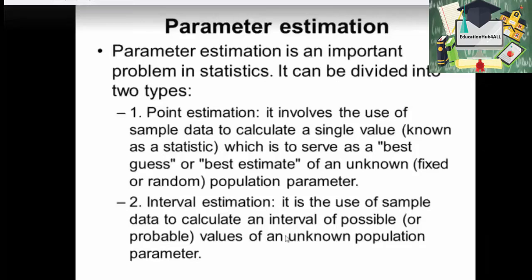Of course, if we have this estimate, it doesn't mean the true value is 0.3. We want to make a range: how likely is the true value to be between 0.2 and 0.4, with this value in the middle. So this is like an interval.